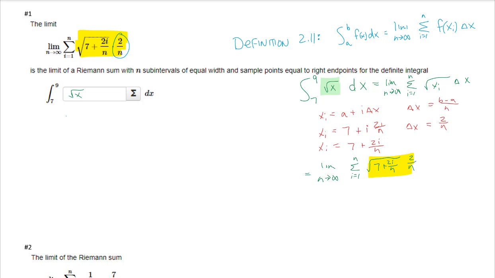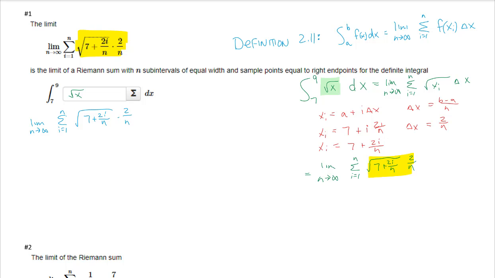Well, we can do this without doing it backwards like that. The way that you do this is it's kind of like a search and destroy game. So what we have here is the limit as n goes to infinity of the summation i equals 1 to n of the square root of 7 plus 2i over n times 2 over n.